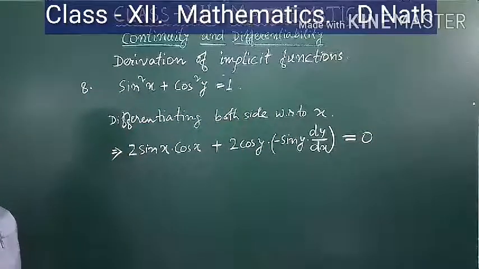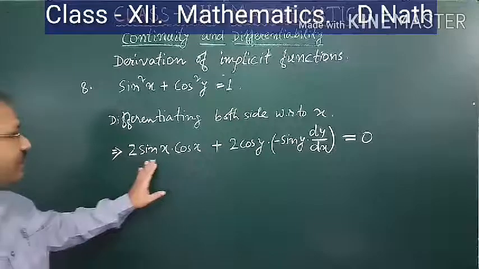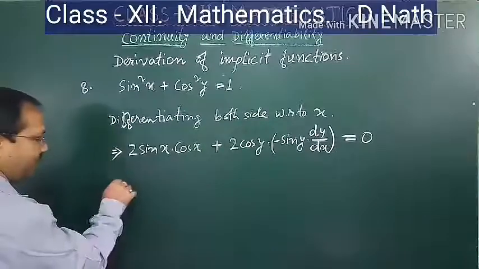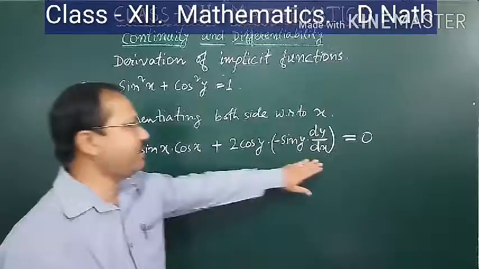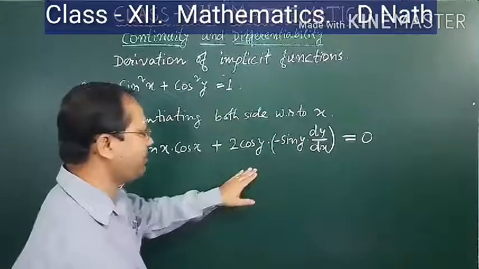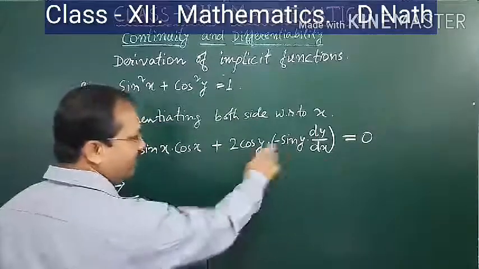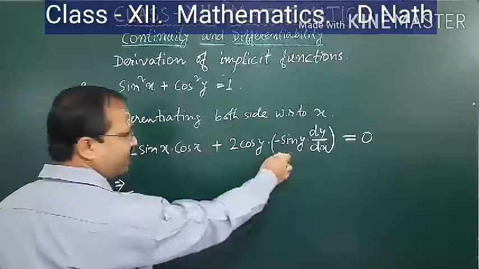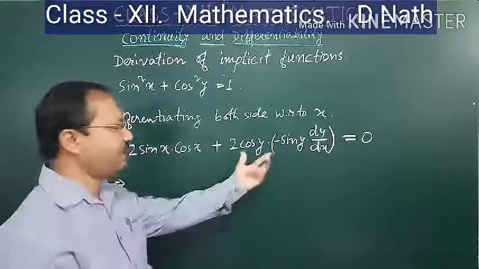Our task is to find dy/dx. Here only one dy/dx term is there. If we shift that side, the minus sign is there, so it will become 2 sin y cos y.